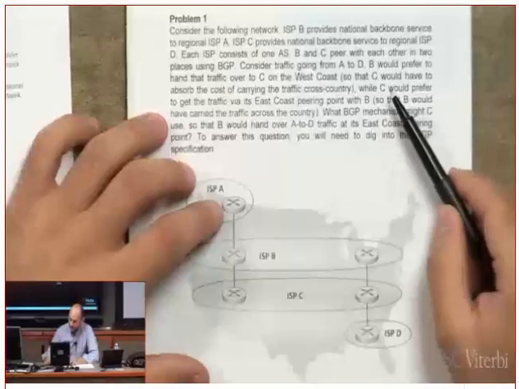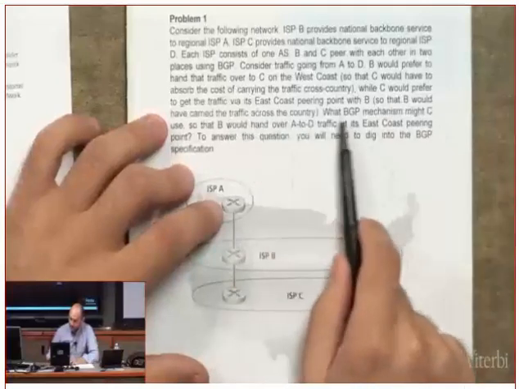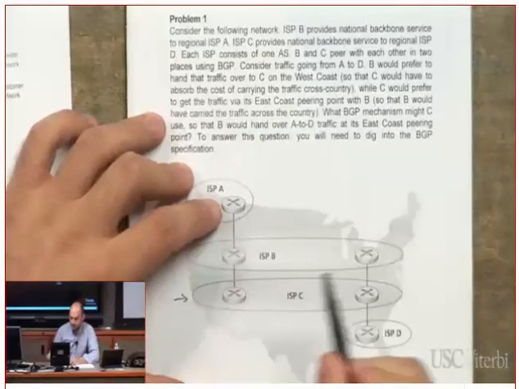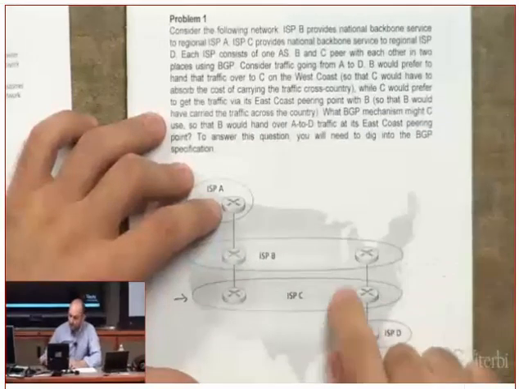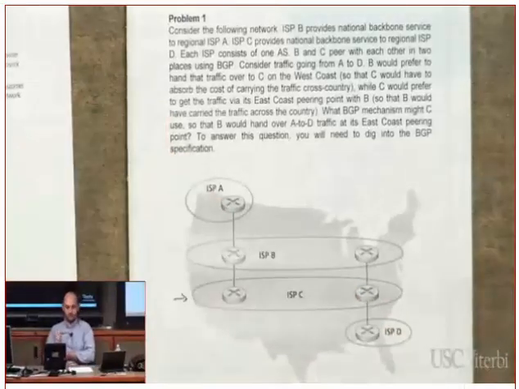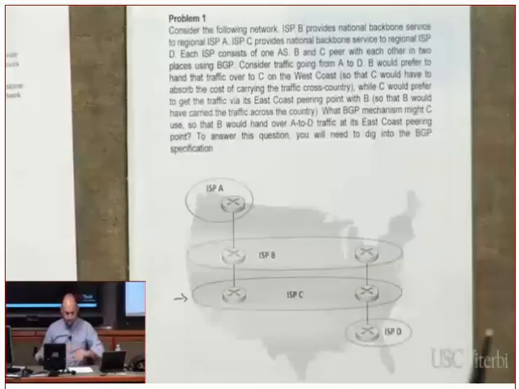So how can this be done, any ideas? Think about it. We don't really go into too much BGP detail because it's a complex protocol, so let's use some high-level ideas.